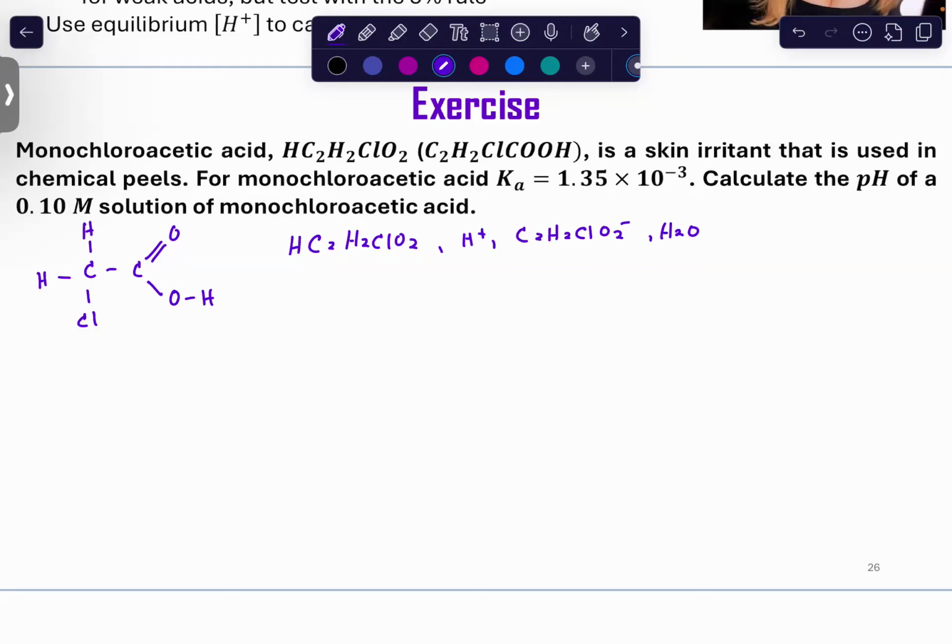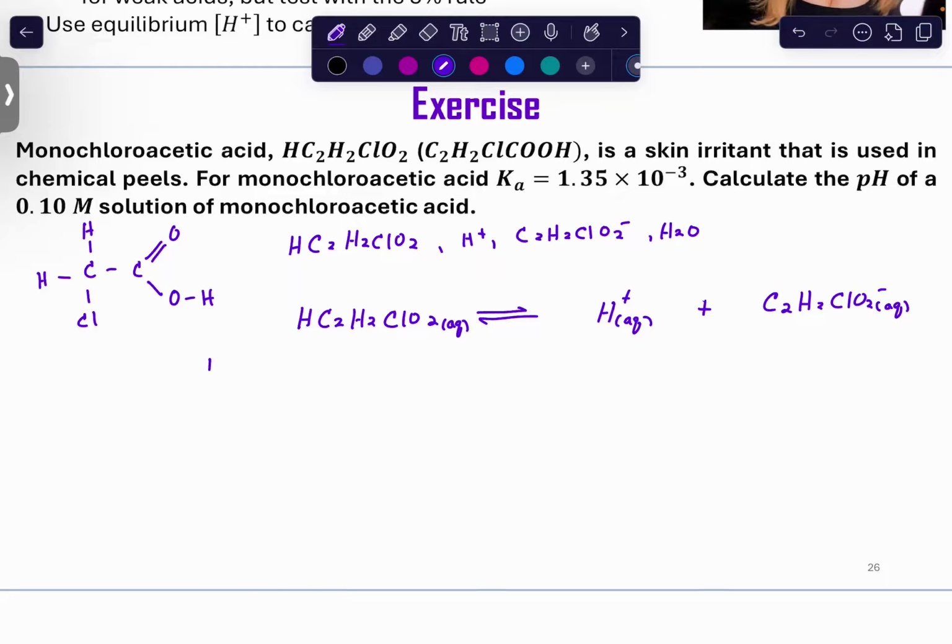And then the reaction you're going to build an ICE table out of. It's just one proton that breaks off, so then the anion has to be a negative.